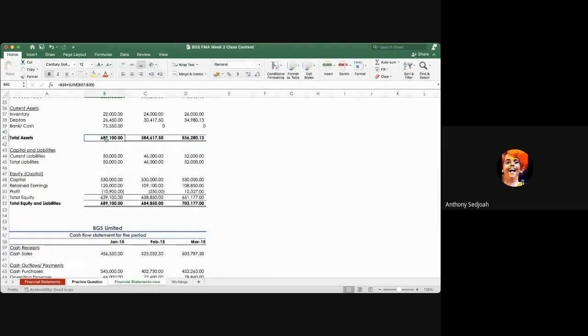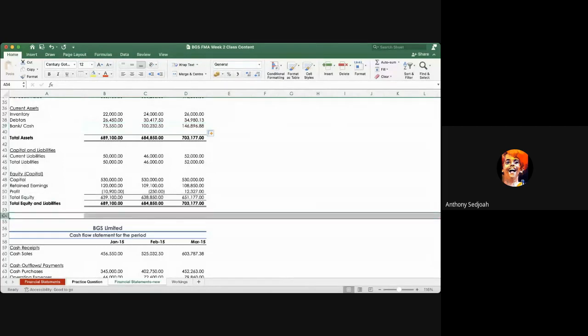Do you see that the total assets is the same as the total equities and liabilities? Yes, sir. Okay, so it shows we are right. Let's check for the other months too. I'll drag this to the right. I think all the total assets are equal to the total equities and liabilities.